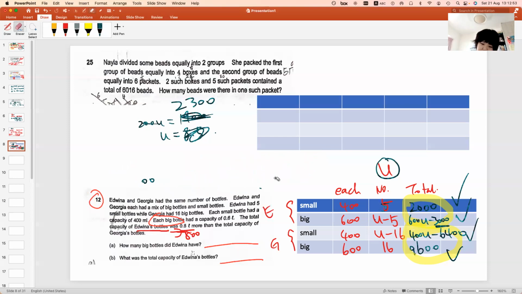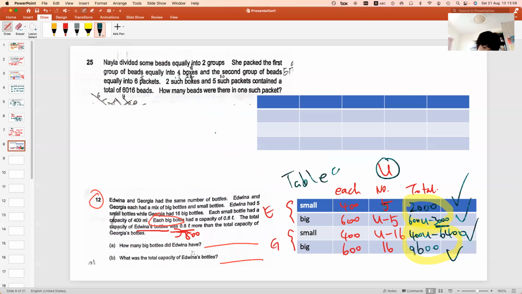Okay. So, while I'm doing the question, what I realize is the table is correct. But what mistakes I make along the way is also something for you to learn. Number one, use a calculator.